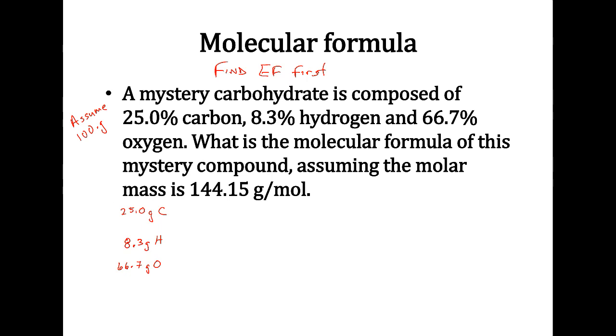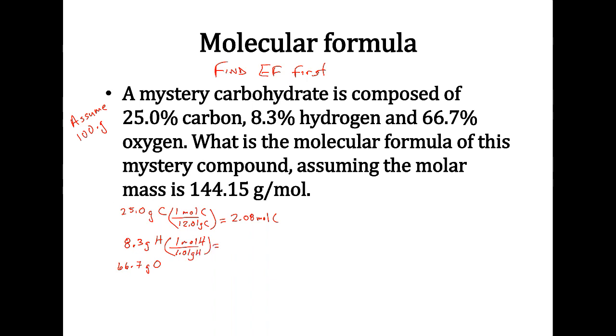So now for the mass to moles, we have to go through and divide by the molar masses or the atomic weights here. So we have for every 1 mole of carbon, 12.01 grams of carbon. So this will give you 2.08 moles of carbon. And then for hydrogen, for every 1 mole of hydrogen, 1.01 grams of hydrogen.